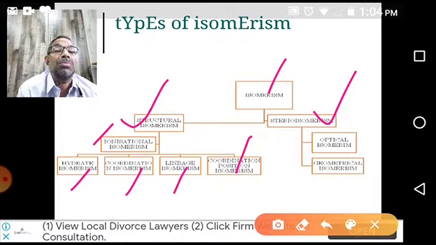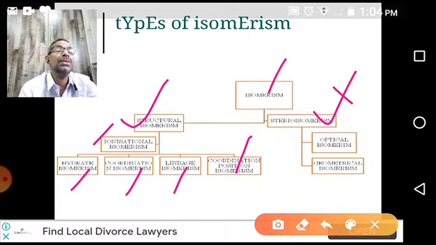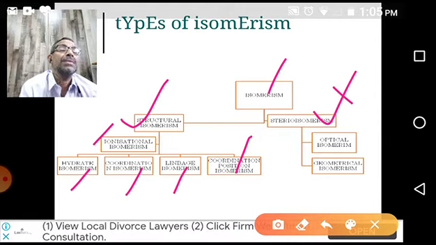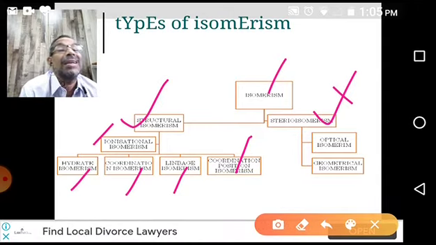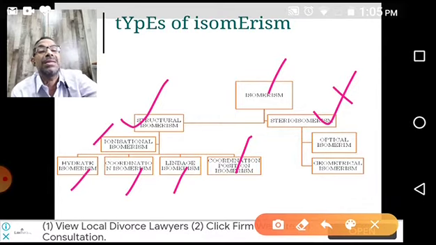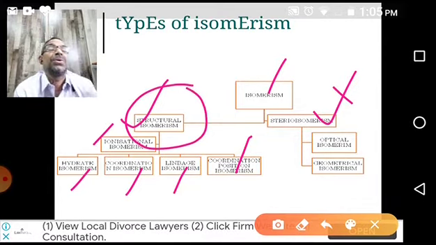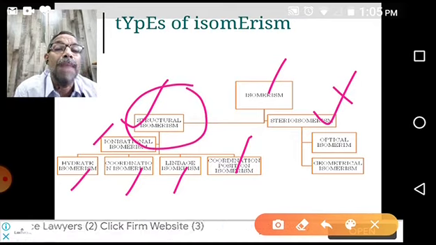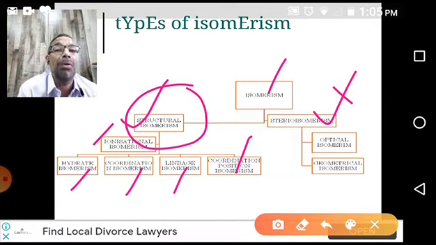Coming to stereoisomerism, these are further divided into two types: optical isomerism and geometrical isomerism. We'll discuss these stereoisomers in the next class. Today we will discuss in detail this structural isomerism. So isomers are of two types in general.